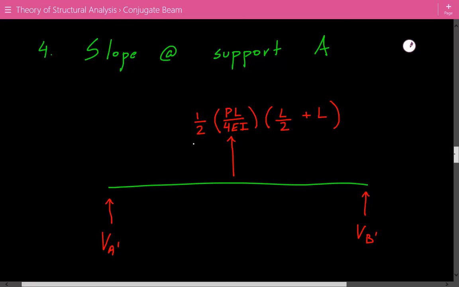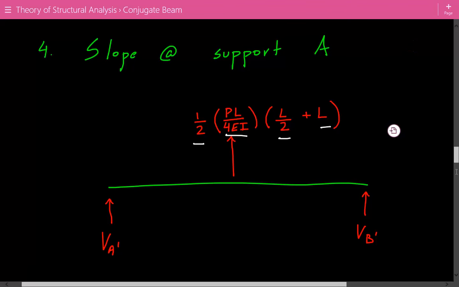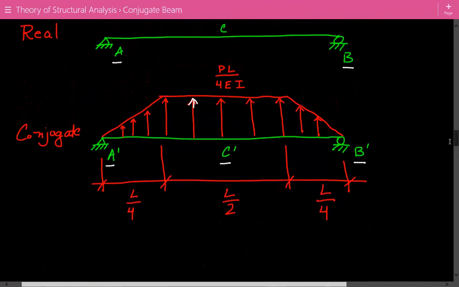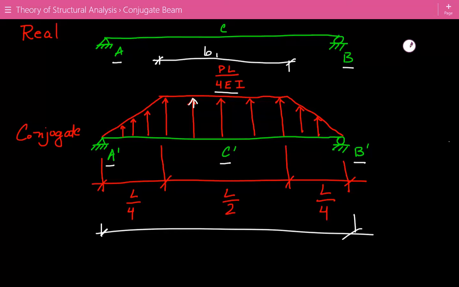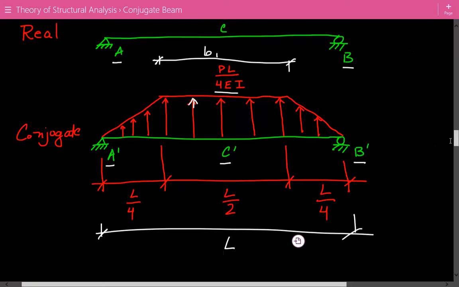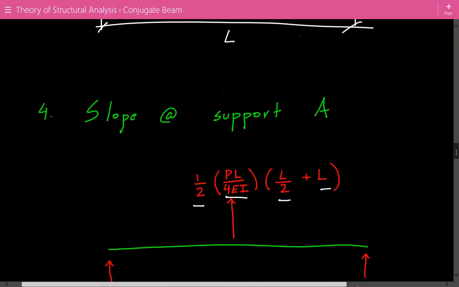So that's 1/2 times the height, PL over 4EI, and then B1 and B2. We can just go back and see again. Here's our height of the trapezoid, and then B1 from here to here, and B2 is equal to the complete length, and that's equal to L. So we have our resultant load, and because this is a symmetrical loading, it's going to act at the center.